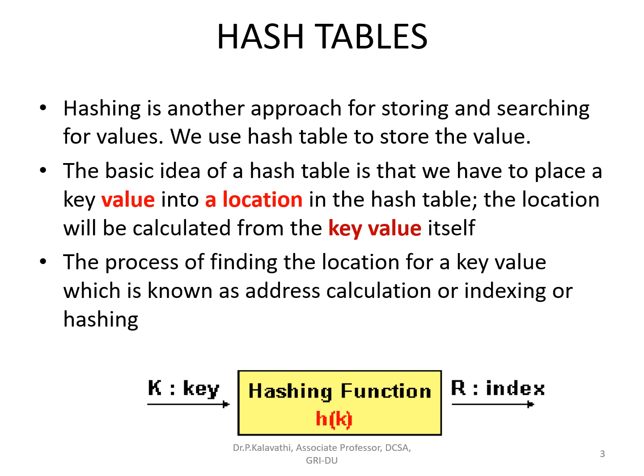The process of finding the location based on the key value is called address calculation or indexing or hashing. And therefore, we need one function called a hashing function or a hash function, which accepts a key value as input and produces the index or the location where we need to store the key value.